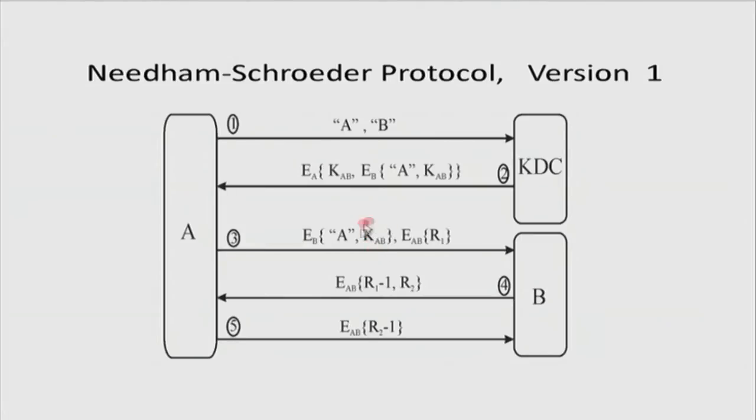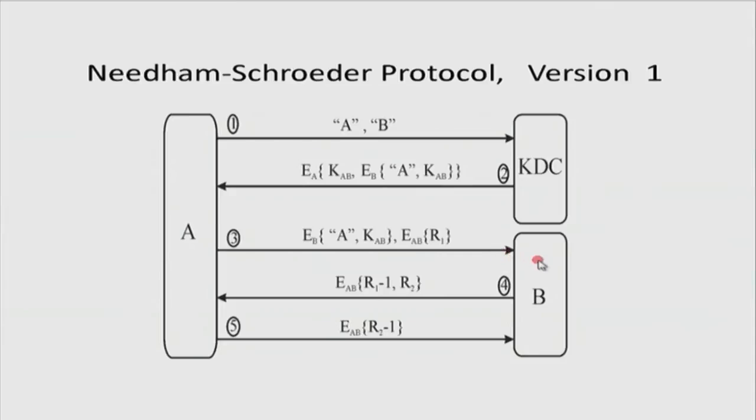Now, with knowledge of the session key, he will be able to decrypt this nonce. This AB over here means that this message is encrypted. This nonce has been encrypted by A with the common session key. So if he is really the good guy, he will be able to decrypt this.